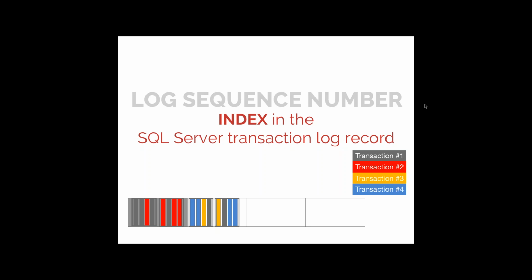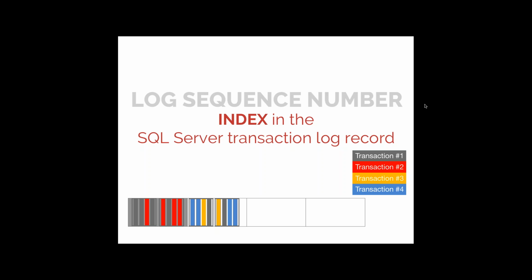So transaction number 2 could be interspersed within transaction number 1. And maybe transaction number 1 is a long-running transaction, which is why you're seeing it occupying virtual log files number 1 and 2, whereas transaction number 2 is only in virtual log file number 1. You've got to think of it that way.